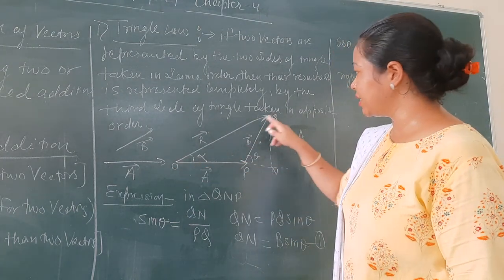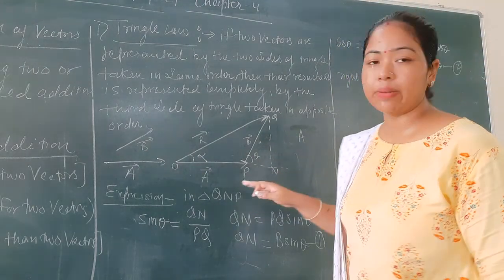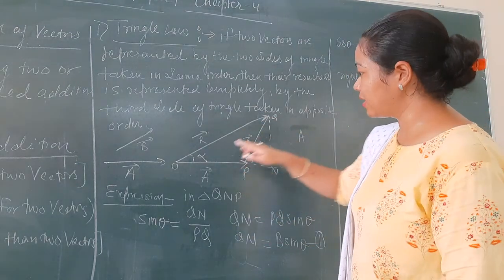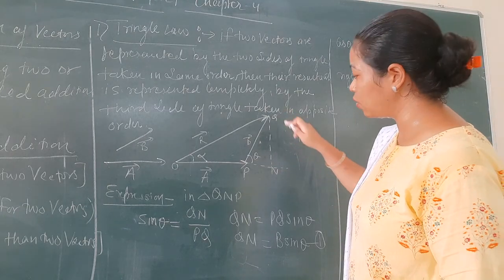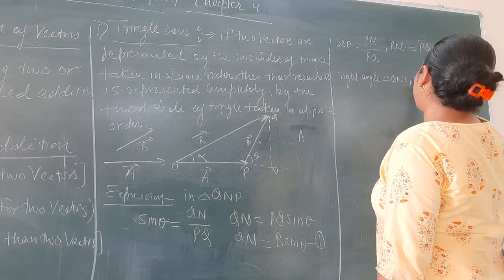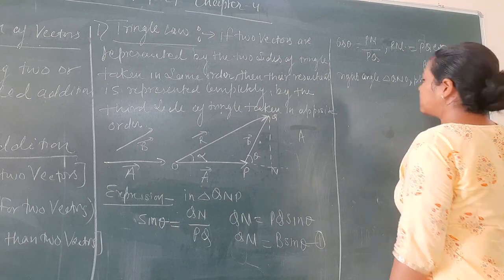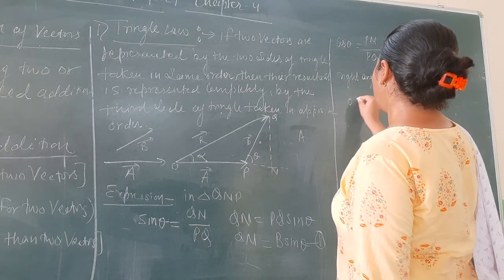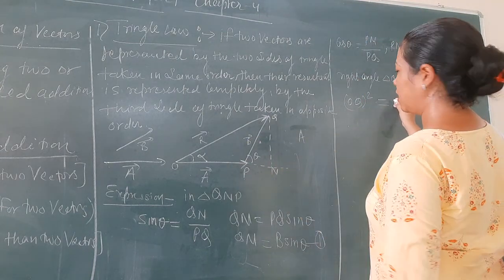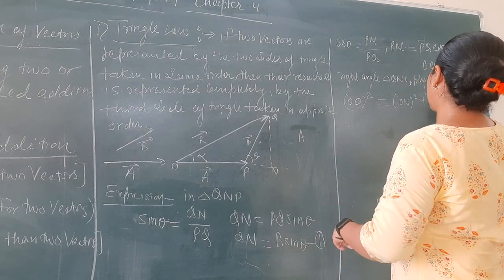So OQ will be treated as the hypotenuse, ON will be treated as the base, and QN will be represented as the perpendicular for the bigger triangle, that is triangle ONQ. So if you apply the Pythagoras theorem, OQ whole square will be equal to the hypotenuse whole square, which equals the base ON whole square plus QN whole square.